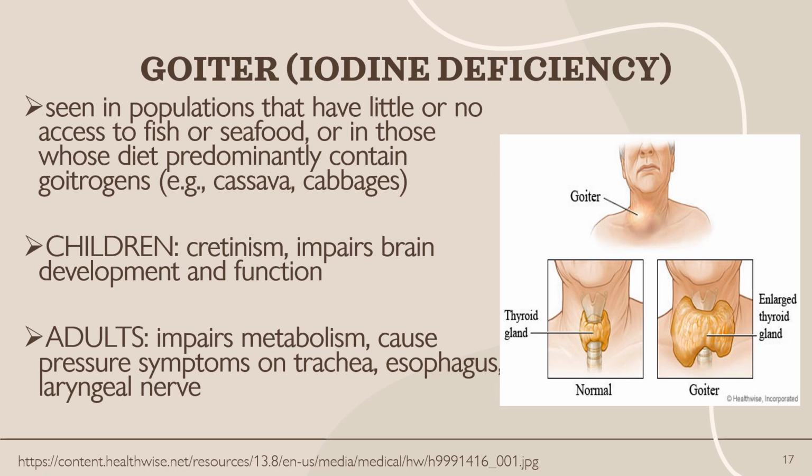And this type of deficiency is usually seen in populations with little to no access to fish or seafood, or whose diet contains goitrogens like your cassava, cabbages.